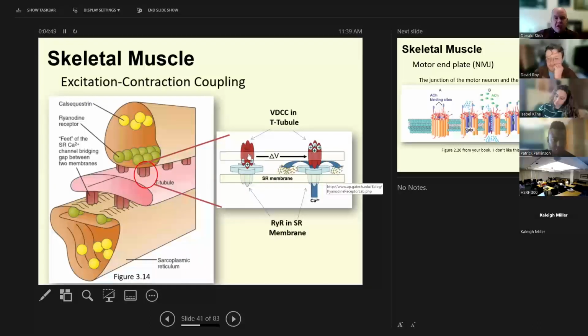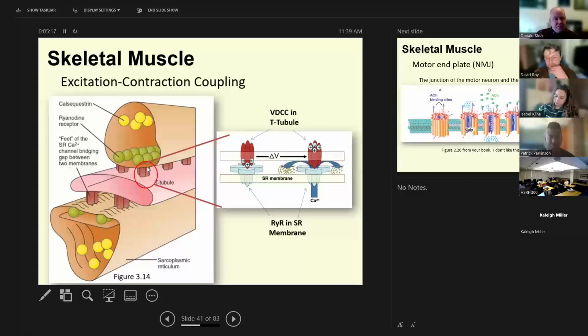So the voltage-dependent calcium channel here, gated by voltage, right, doesn't really act like a channel. You don't get a lot of calcium through it. It's mainly just acting as a voltage sensor. So remember when we talked about calcium channels in chapter 2, they've got that S4 segment that's got positive charges on it. So when the voltage on the membrane changes, it moves and it changes the structure of the protein, the conformation of the protein.